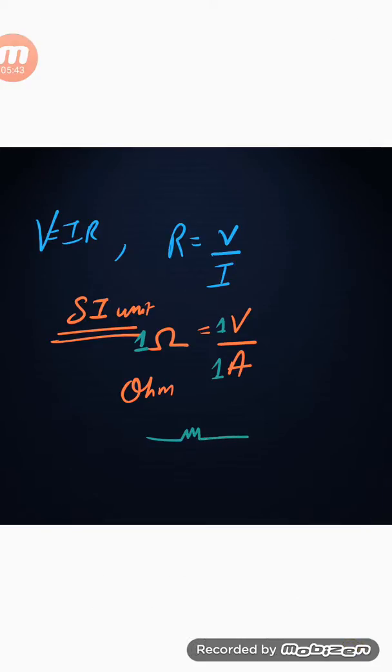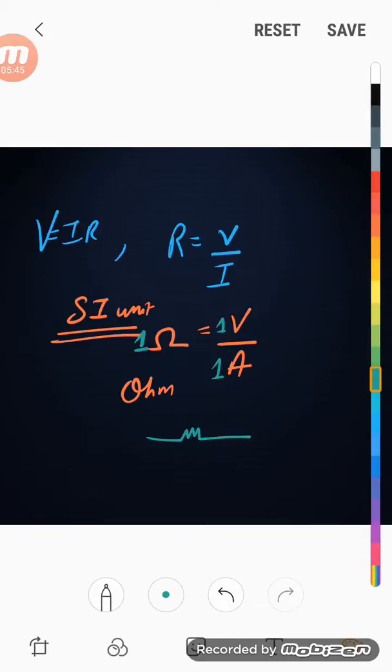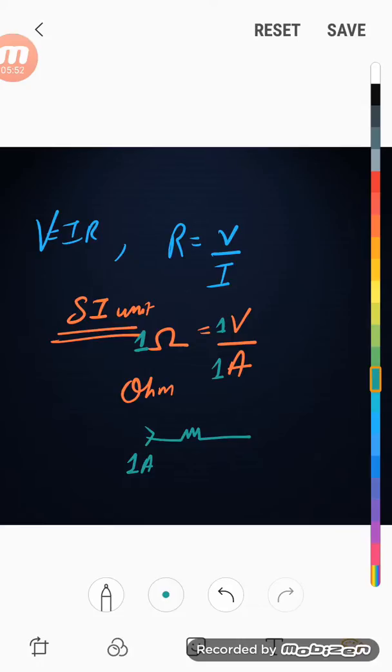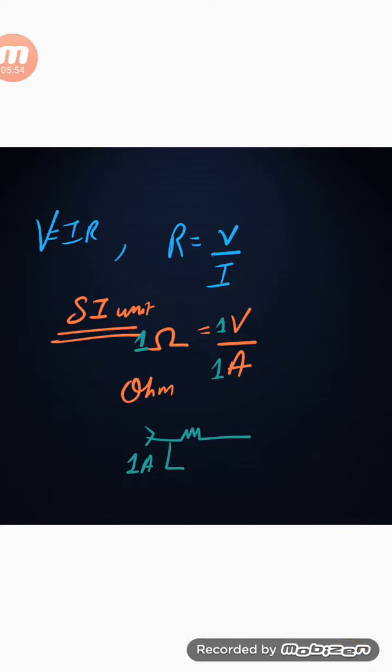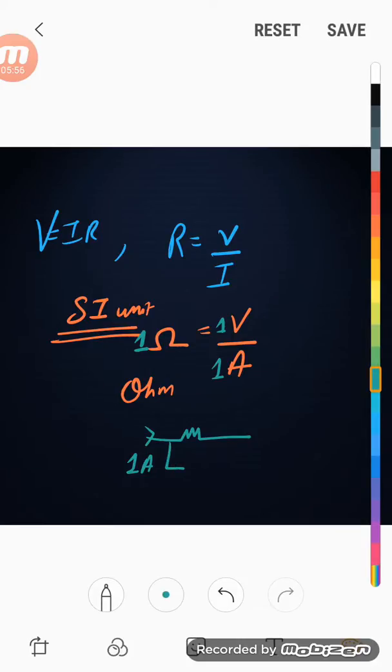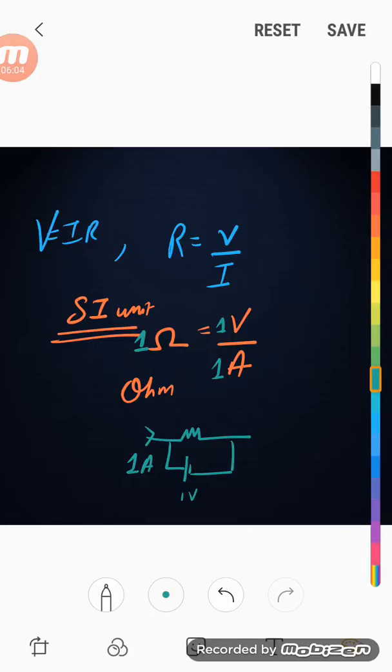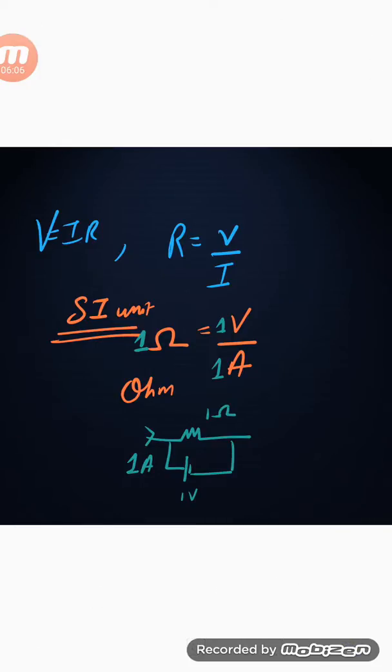Suppose this is a resistor. If 1 ampere of current is flowing through the resistor when the potential difference applied is 1 volt, then the resistance is 1 ohm.